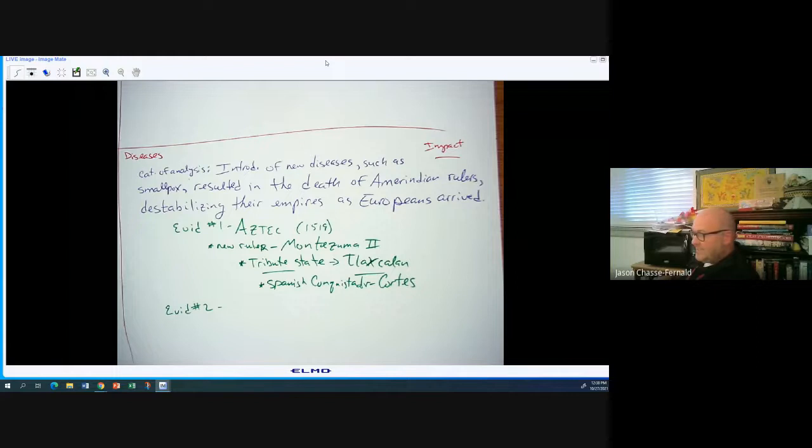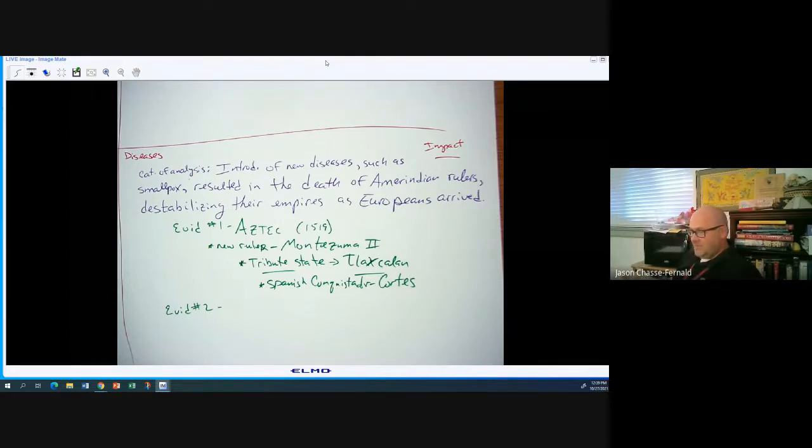While the city is being besieged, smallpox runs through the population, and famine hits as well, resulting in the collapse of the Mexica regime and the utter destruction of Tenochtitlan. The buildings are dismantled, the city is flattened, and a new capital is built on top.